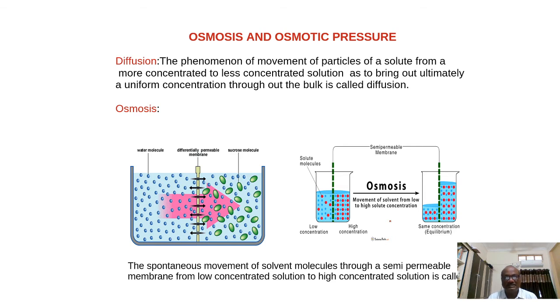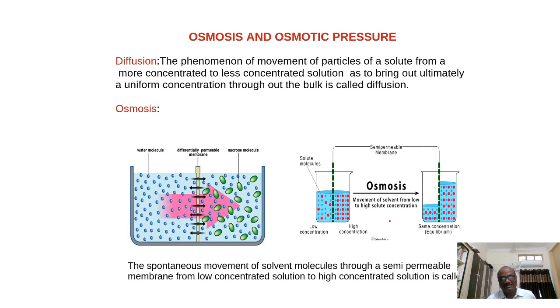This phenomenon is called osmosis. So what is osmosis? It is a phenomenon of movement of solvent molecules through a semi-permeable membrane from low concentrated solution to high concentrated solution. Whereas in the case of diffusion, solute particles will move. In the case of osmosis, solvent particles will move.